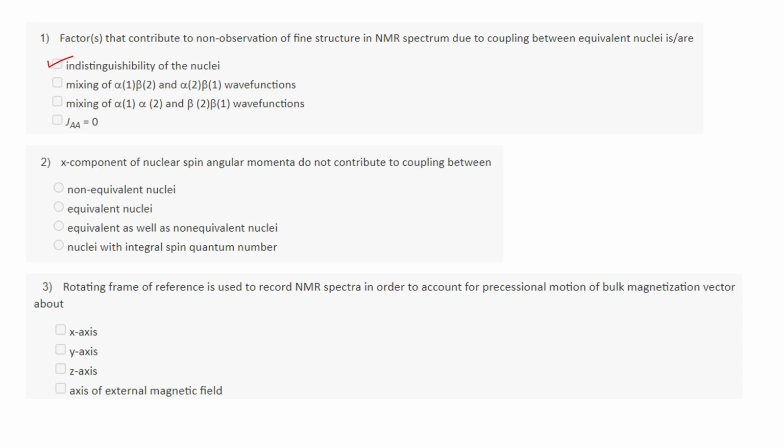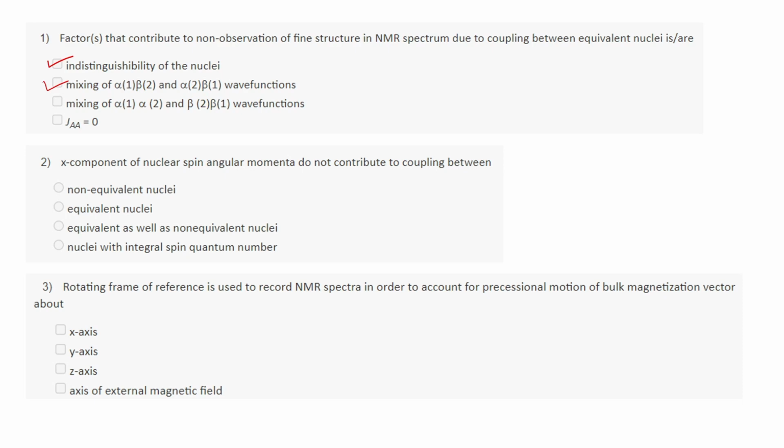I don't exactly remember, but I think the minus will be stabilized by something like 3 h JAA, and the other will be destabilized by h J times some factor. Those mixings are one of the reasons that you won't see any coupling between them. And JA of course is not zero; there is some coupling.